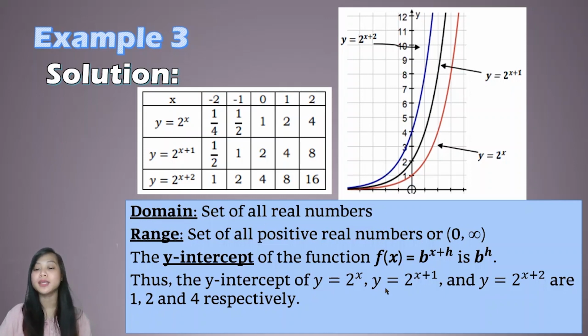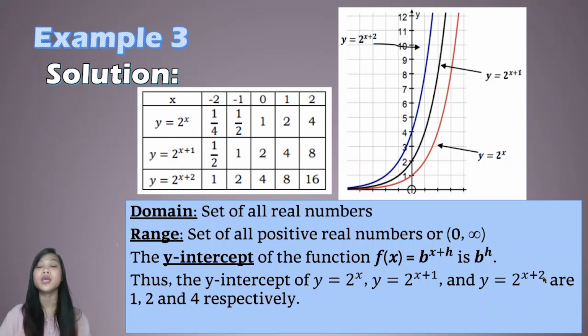For y equals 2 raised to x plus 1, our h is 1. So our base 2 raised to 1 is equal to 2. That's why our y-intercept for the black curve is 2, which coincides with the point 0, 2. And last, for our third function, y equals 2 raised to x plus 2, our constant h is equal to positive 2.